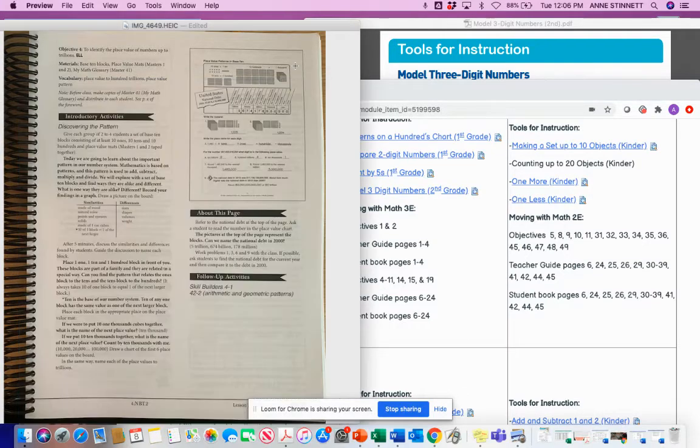So even though this image here is from the 8th grade book, it's still the same objective 4. And this gives you what the objective is, to identify place value of numbers up to trillions. Now, we don't need to go up to trillions in 3rd grade, but remember, this is an 8th grade example because that's the only book I had.